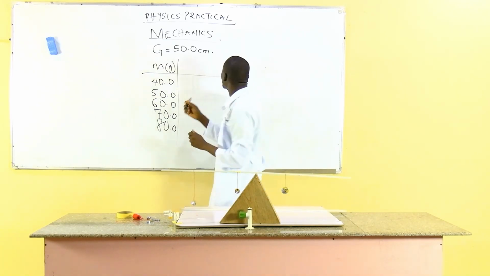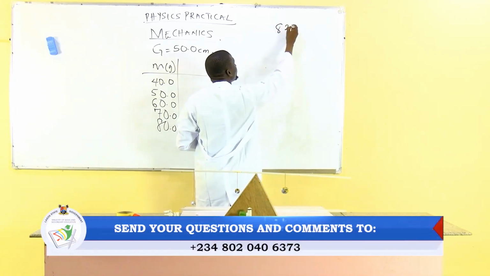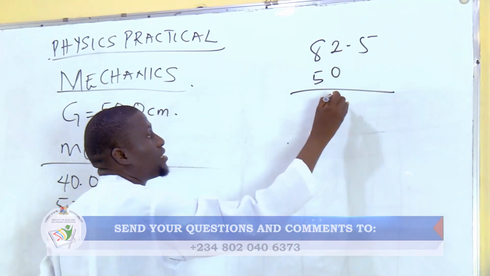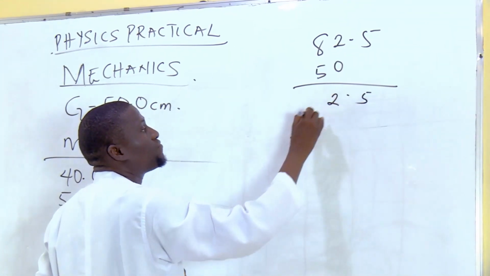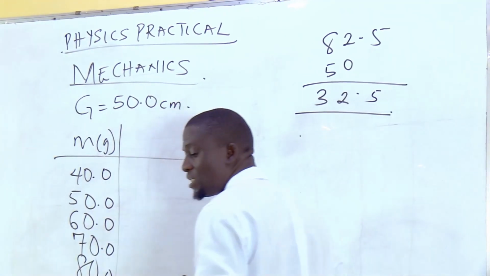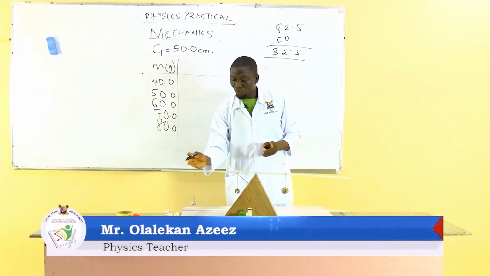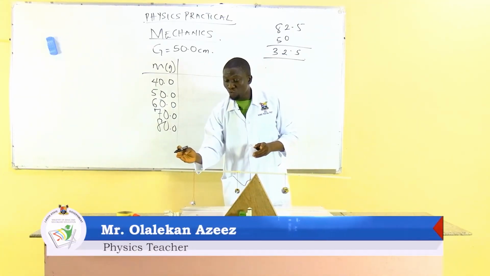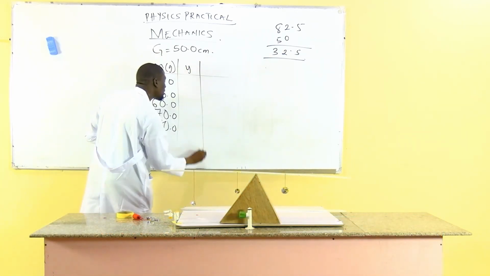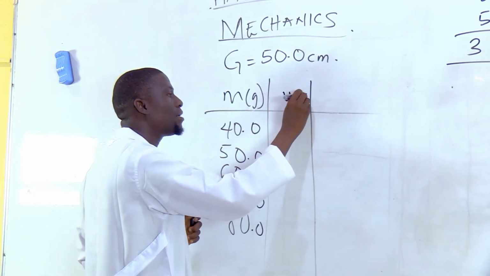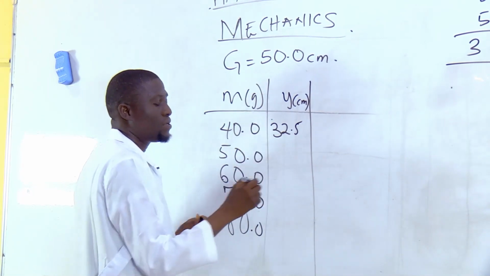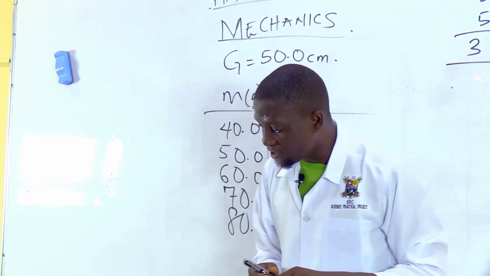I have to do a little bit of calculation. The center is 50, so I have to take that away from 82.5, and I have 32.5. Meaning my first reading, the varying length Y, is 32.5 centimeter. That's the first reading.